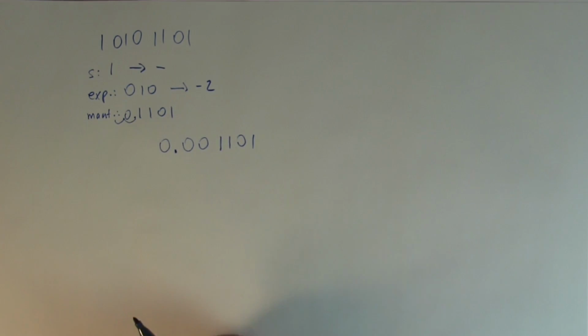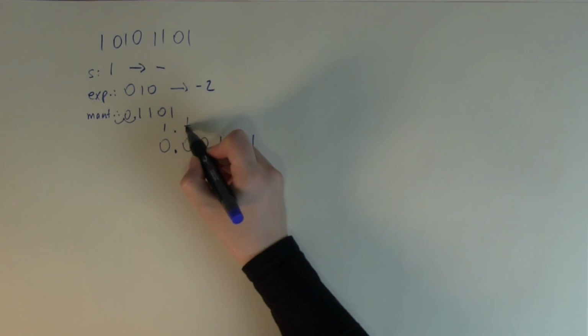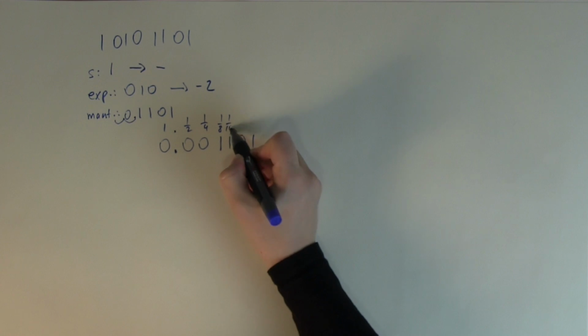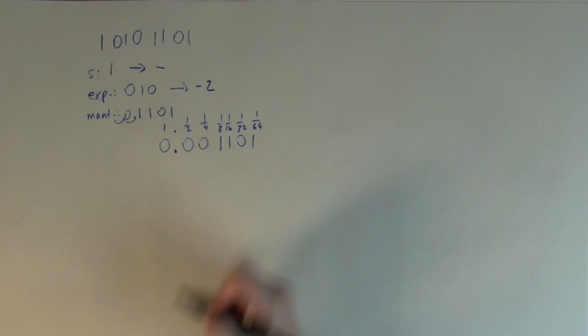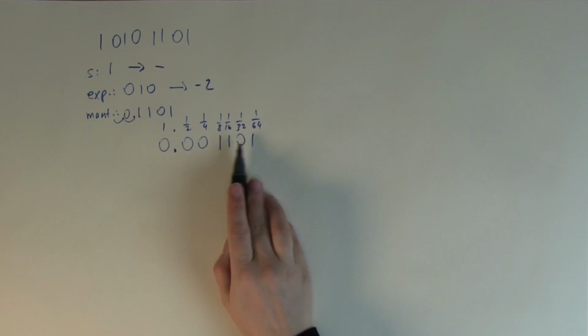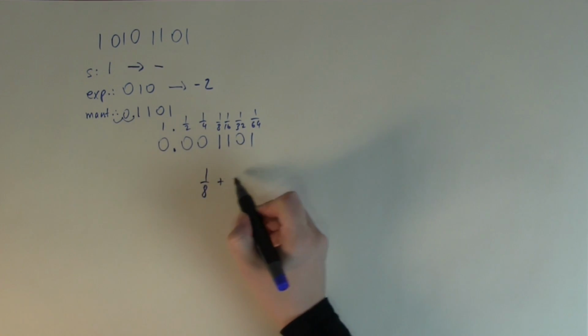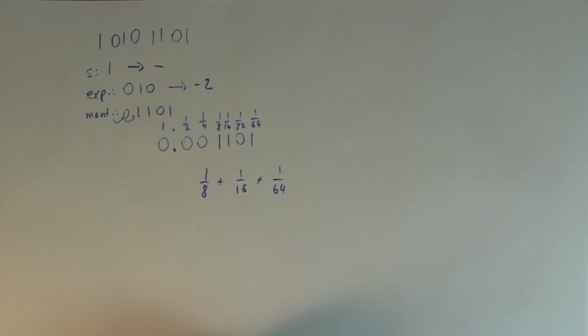So now comes the place values. 1 radix point, a half, a quarter, an 8, a 16th, a 32nd, and a 64th. Now I just need to add together the place values that have got 1 under them. So that will be an 8th plus a 16th plus a 1 over 64.